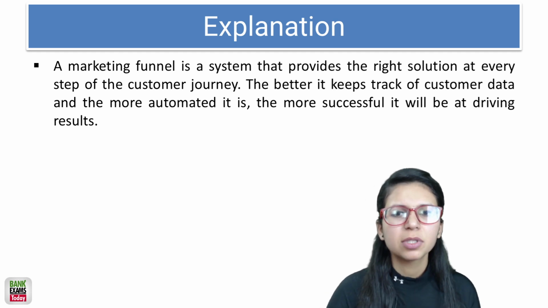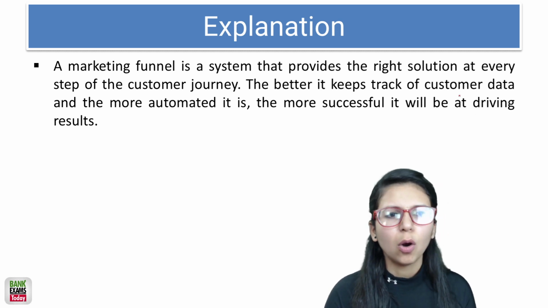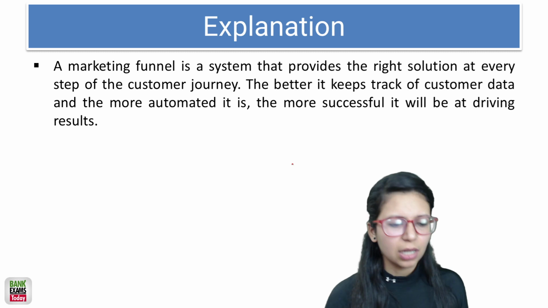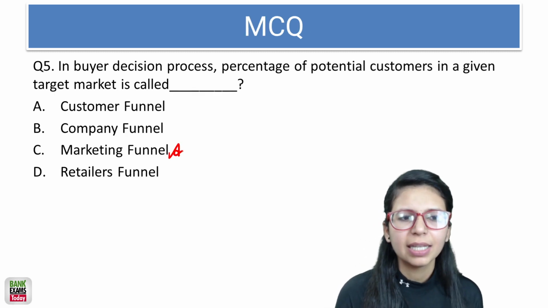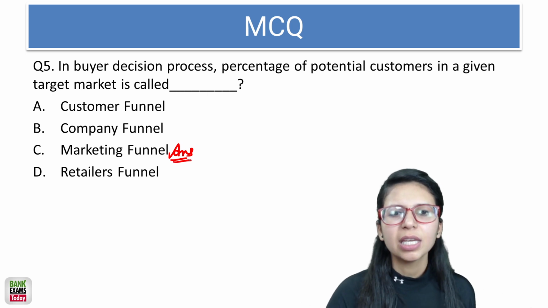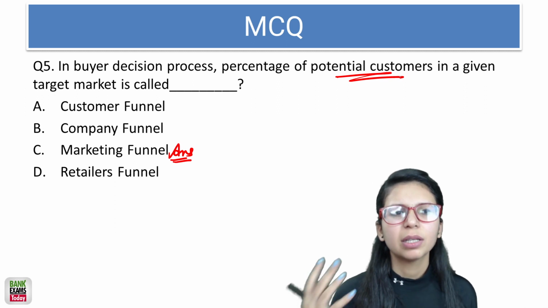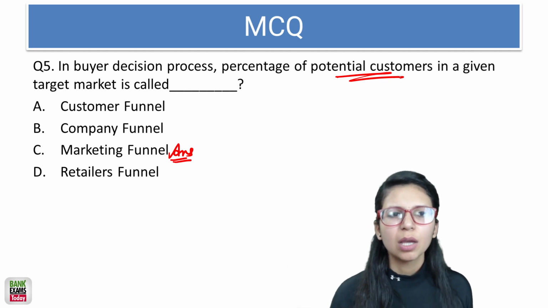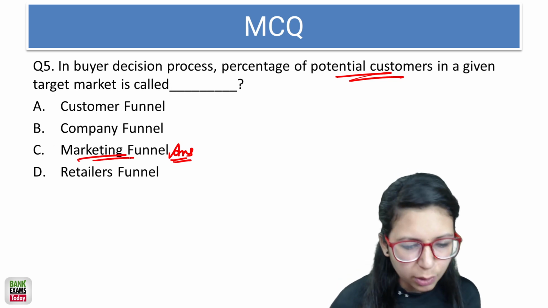It keeps track of the customer data, and everything is automated. So now our answer will be marketing funnel, because in the marketing funnel we keep the potential customers in our mind, and whatever the target market will be, we will keep that in mind. That is what the answer is, marketing funnel.